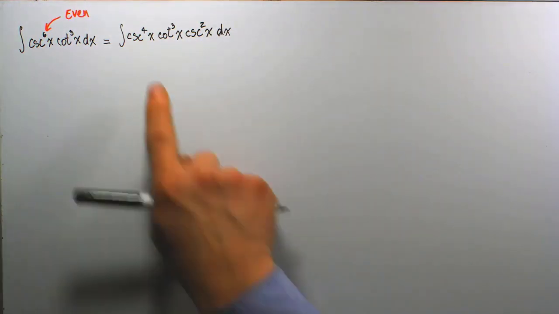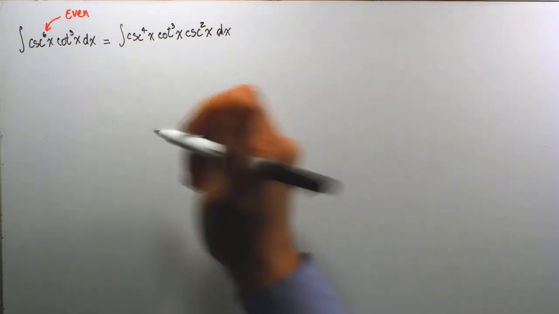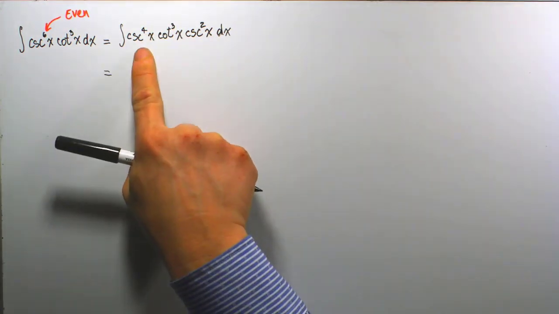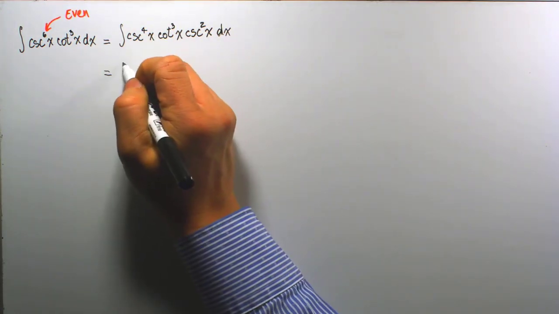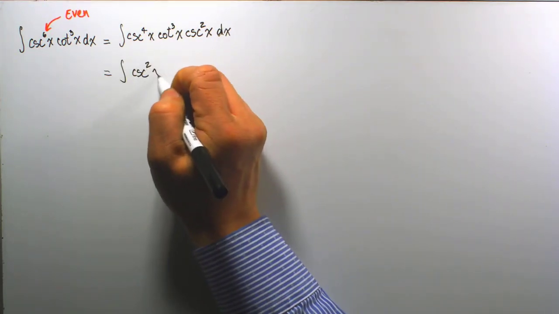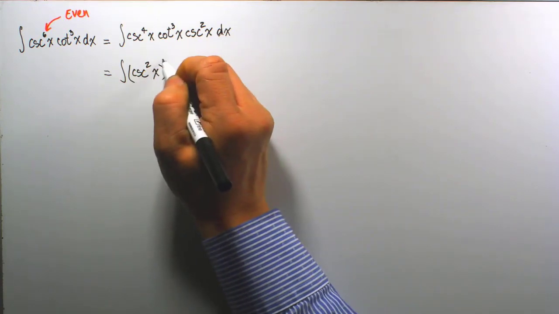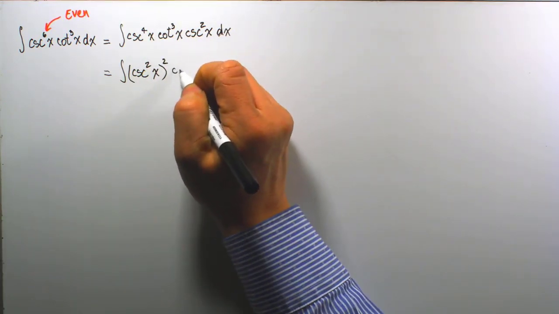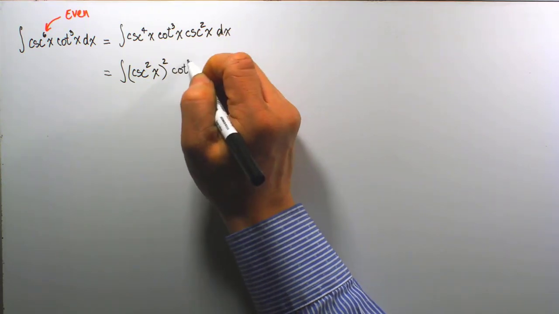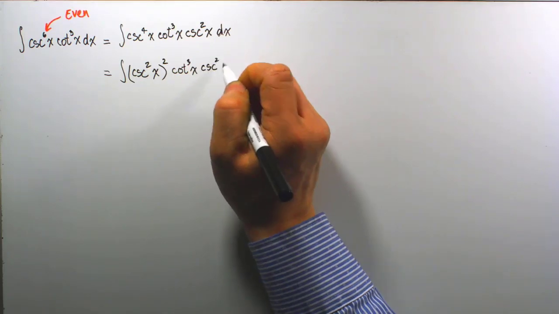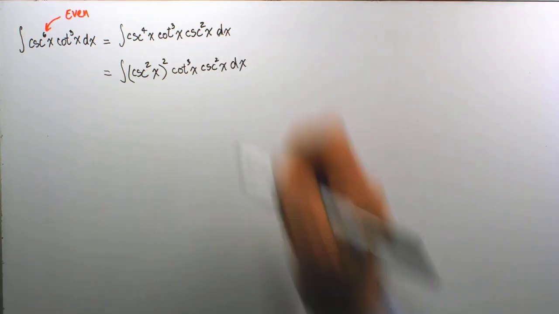From now, at this step, we can observe that the power 4 on this cosecant can be rewritten as the cosecant squared of x, but further squared. That other factor here is a cotangent cube of x, and we're still going to have that cosecant square of x remaining in our integral.